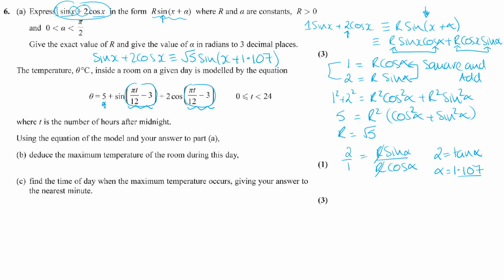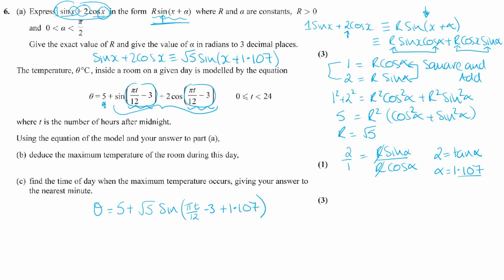So we can say that this theta, the temperature, is being modelled by 5 plus, now how did we rearrange all of this in terms of our harmonic form? It was root 5 sine of, instead of x, we've now got all of that angle, so that's going to be pi t over 12 minus 3, and then add on our alpha.